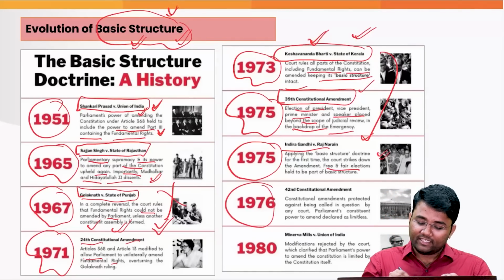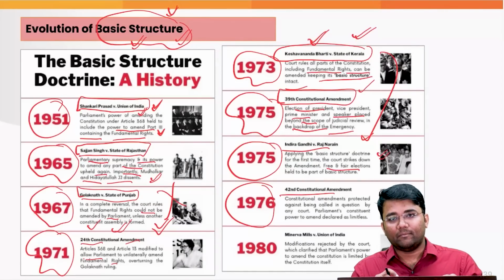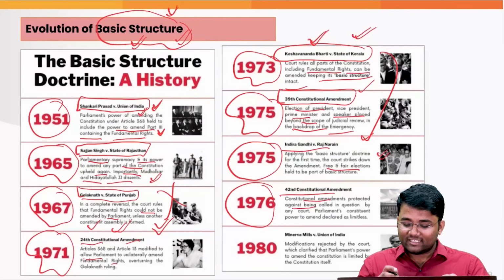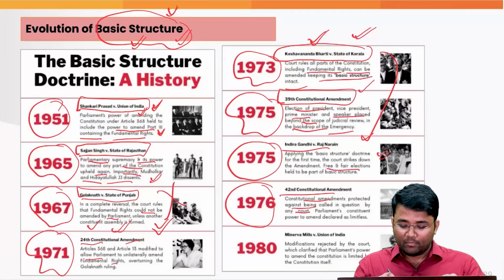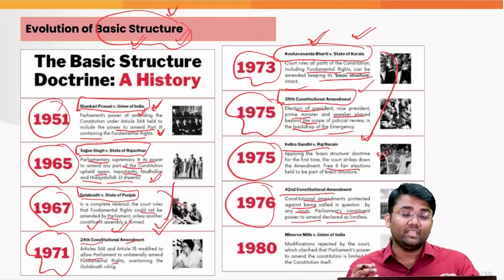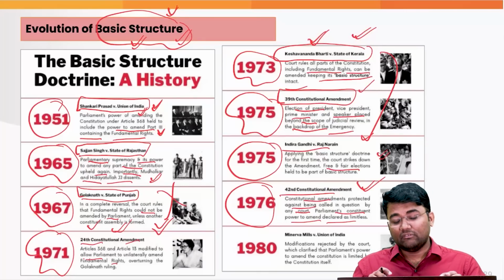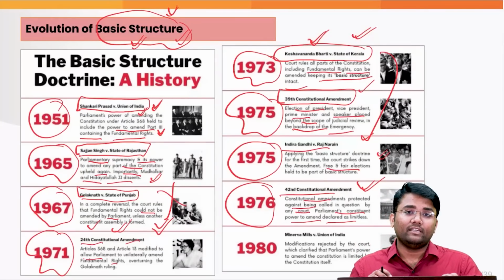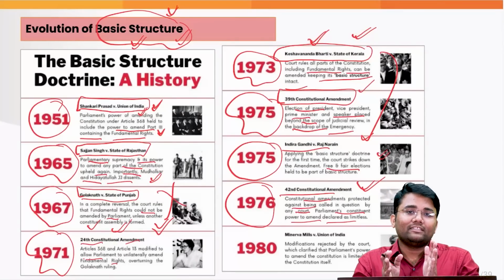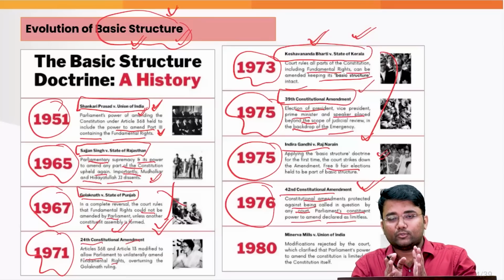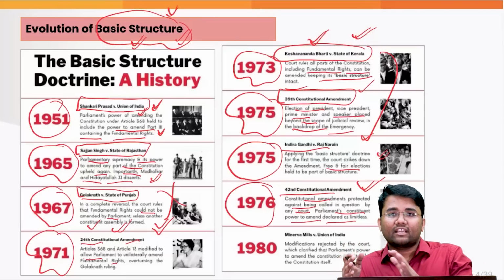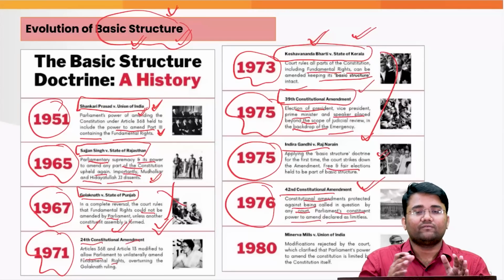In 1976, the 42nd Constitutional Amendment came. Again, constitutional amendments were protected against being called in question by any court, and Parliament's constituent power to amend was declared limitless. Means through this amendment, which came during the emergency period, Parliament tried to make its power to amend any part of the constitution limitless, taking this amending power completely outside the purview of the Supreme Court.